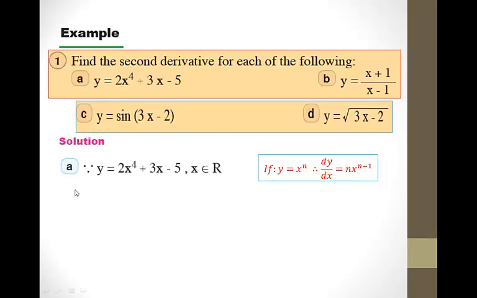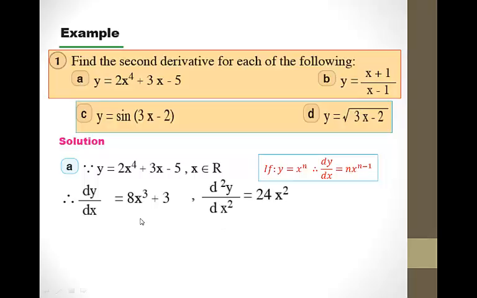First, we solve letter A. Since y equals 2x power 4 plus 3x minus 5 and x belongs to R, the derivative of x power 4 is 4x power 3, and multiplying 4 by 2 you get 8, and so on. So dy by dx equals 8x power 3 plus 3, as the derivative of 3x is 3, and the derivative of the constant negative 5 is 0.